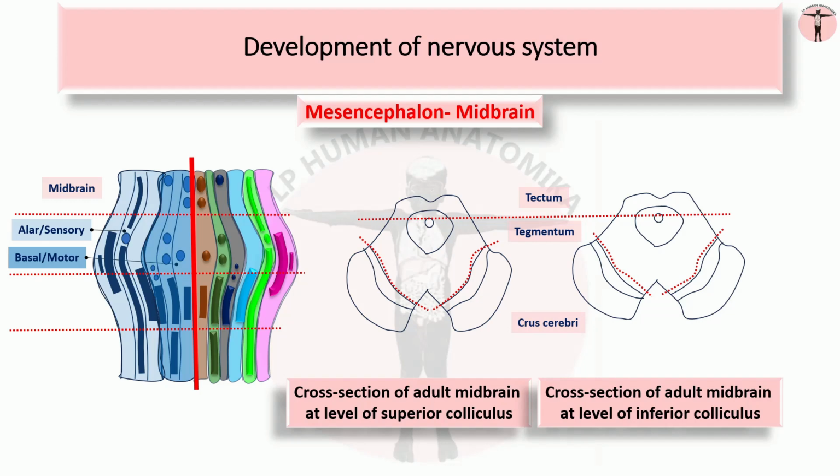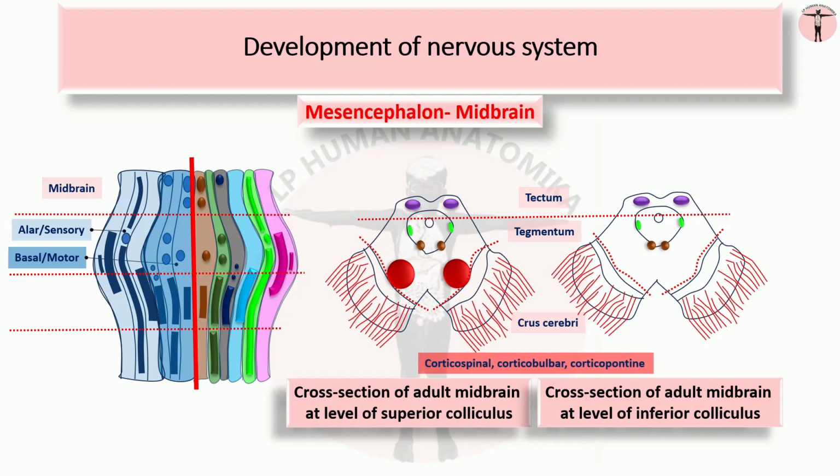All the nuclei of midbrain which are derived from alar plate and basal plate are present in the tectal and tegmental regions. Crus cerebri contains corticobulbar, corticospinal, and corticopontine fibers derived from the cerebral cortex of the telencephalon. Substantia nigra is present between the crus cerebri and the tegmentum of the midbrain.